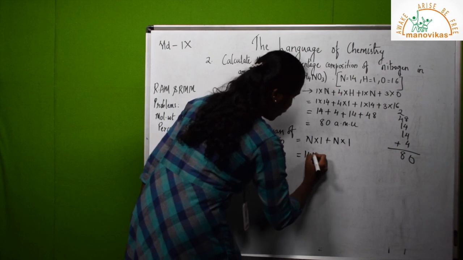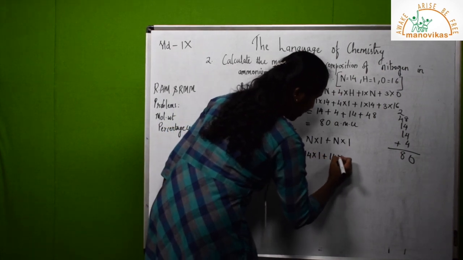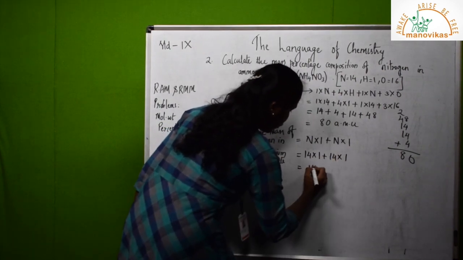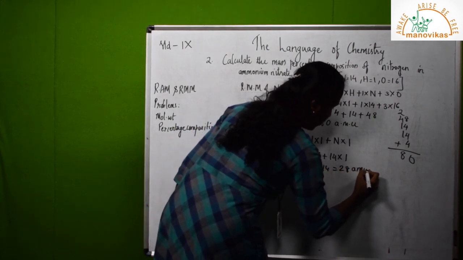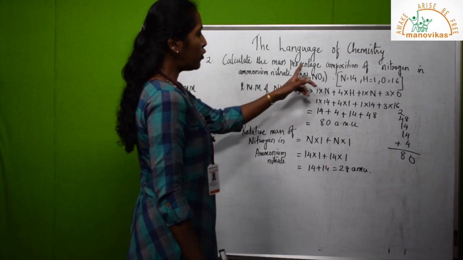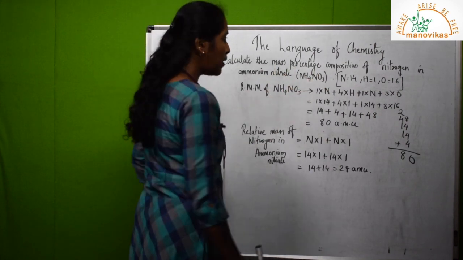So 14 into 1 plus 14 into 1, which is equals to 14 plus 14 is 28 amu. Now you are told to calculate the mass percentage composition.